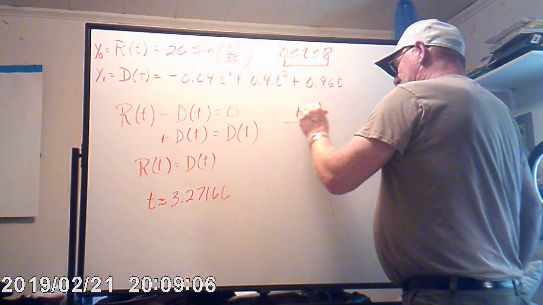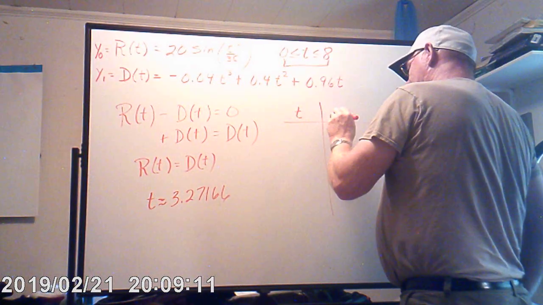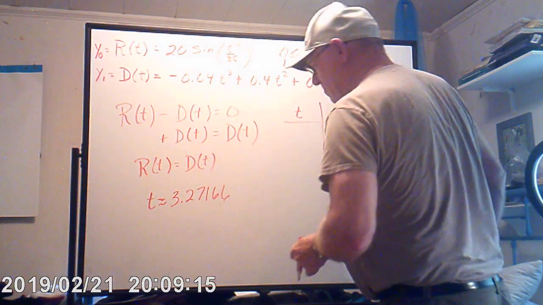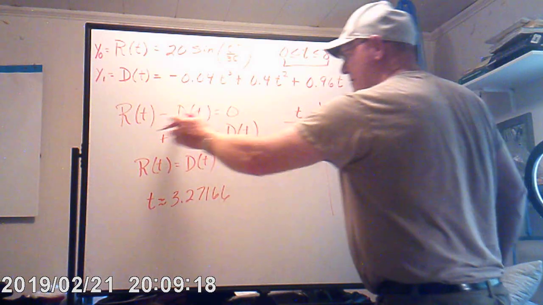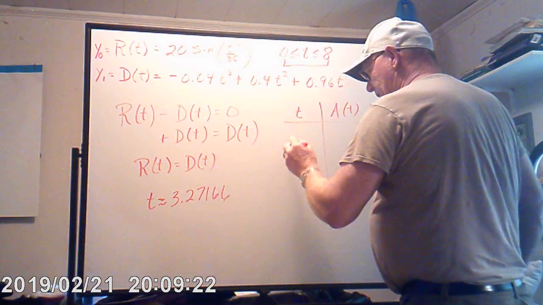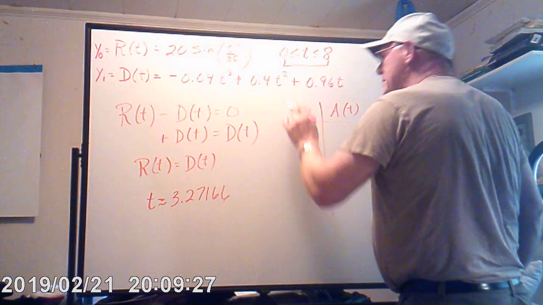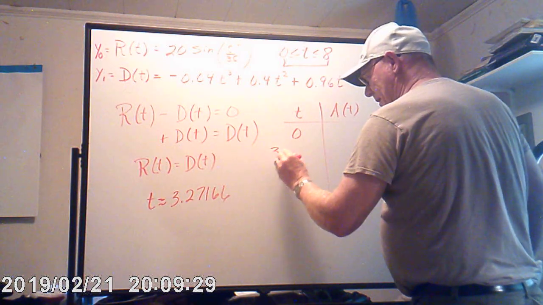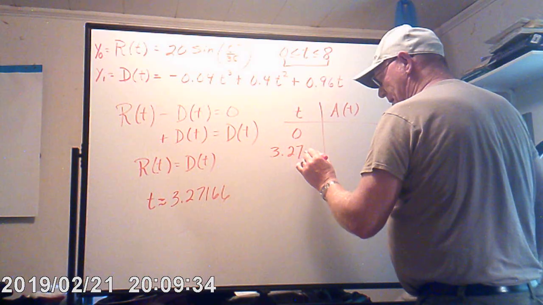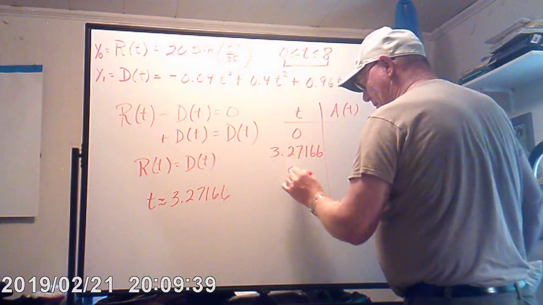So we have t, and in my case I'm putting a at t, whatever you want to call that, which is really r at t minus d at t. So we have a 0, and we have this t here, 3.27166 maybe, and then I also want to put 8.